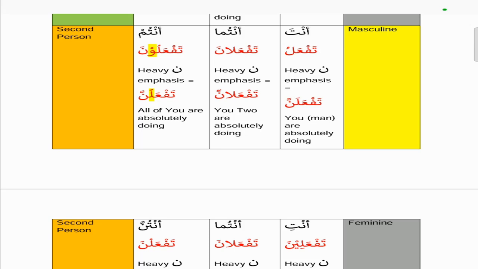And then you notice the highlighted waw with the sukoon on it, because it represents you all, which is plural. Then if you come down to the heavy noon emphasis, the third root letter lam has a dhamma on it, and that's how you know that it's talking about antum, because it's taf'alunna with the dhamma. Whereas anta version, which is single masculine, will be taf'alanna. The third root letter lam takes a fatha.